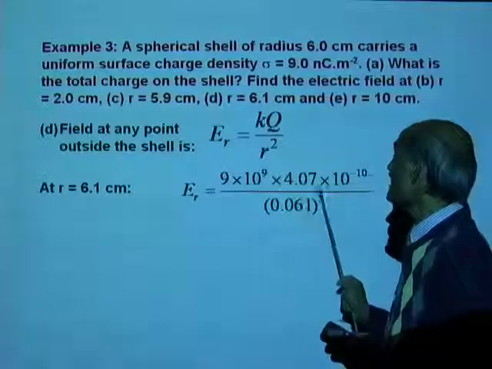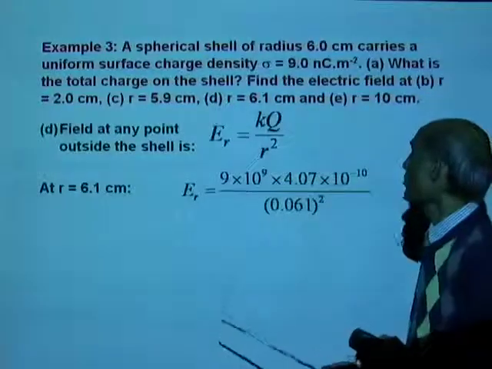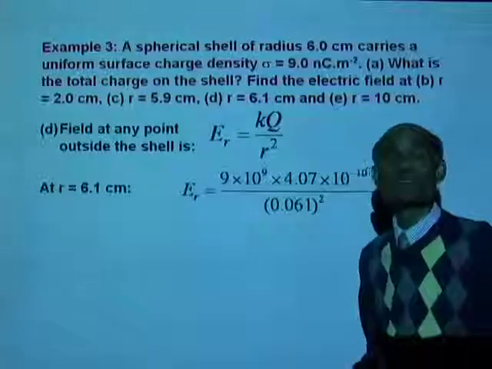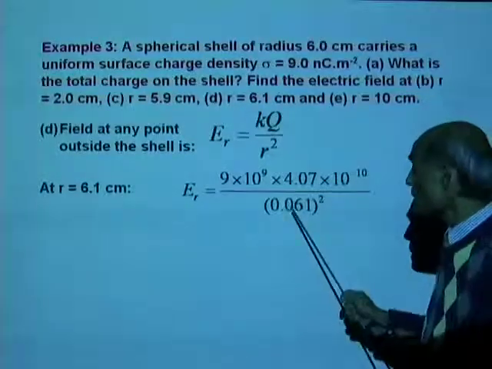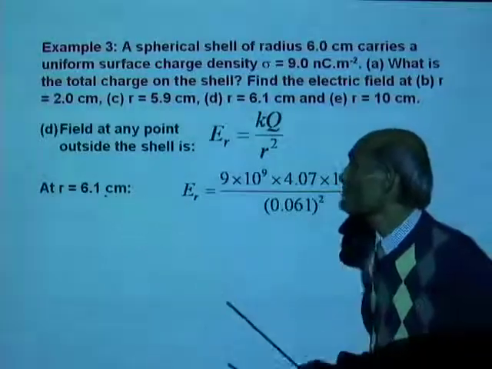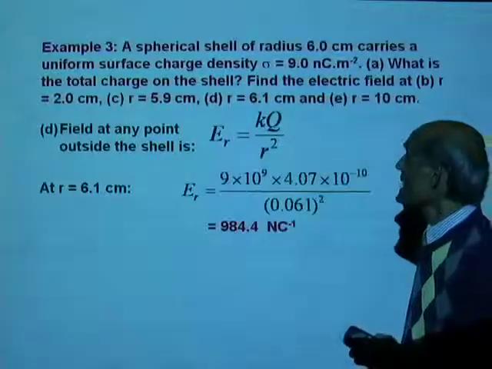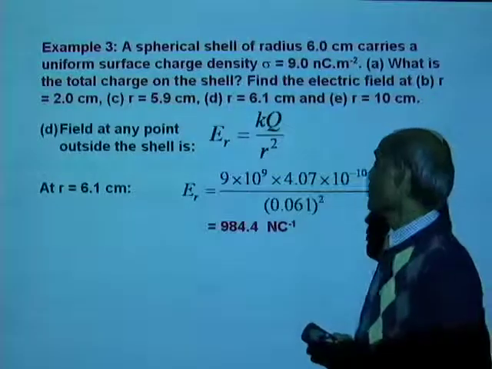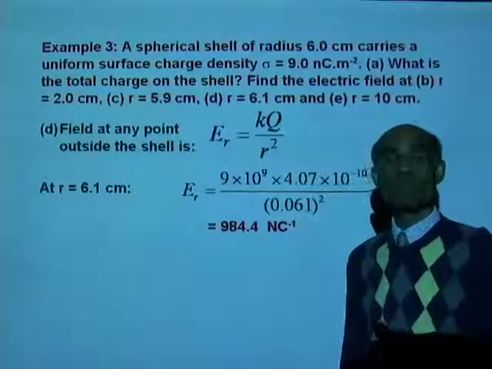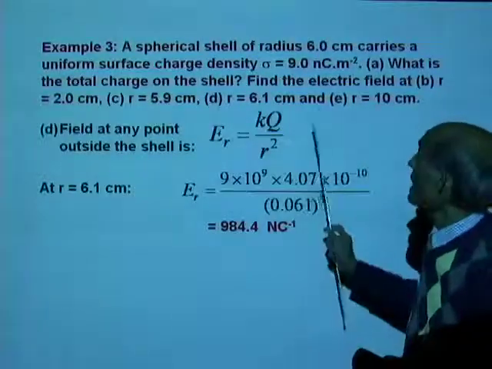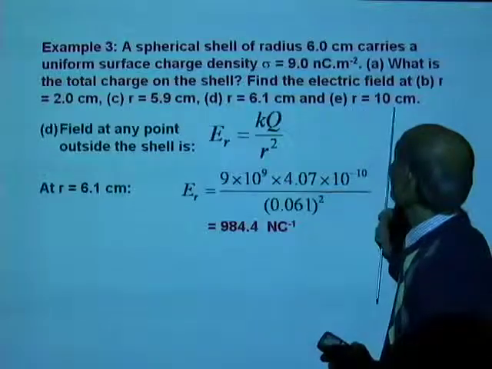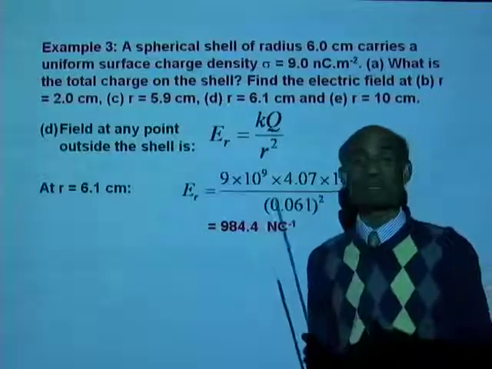Q we calculated as 4.07 times 10 to the negative 10 coulombs. And r is 0.061 meter. The electric field is 984.4 newton per coulomb.